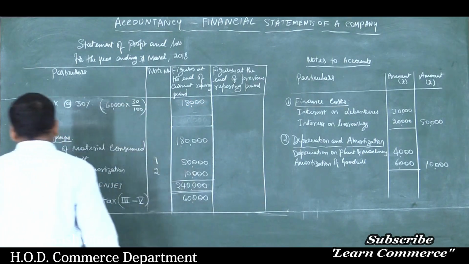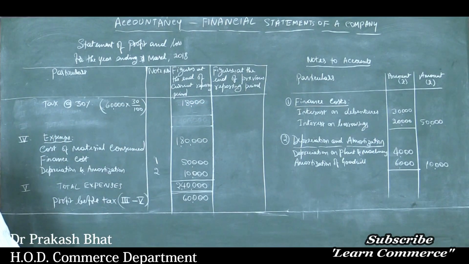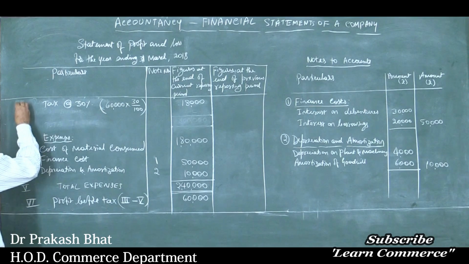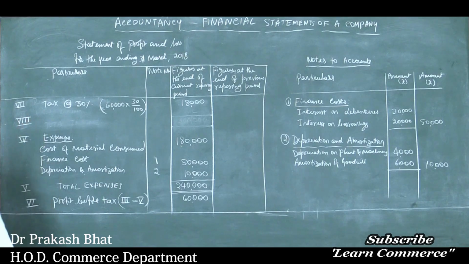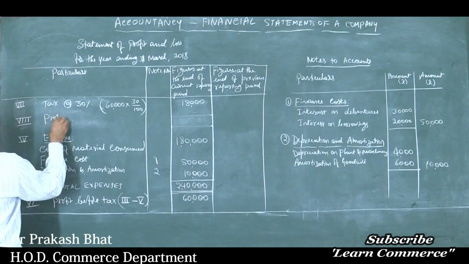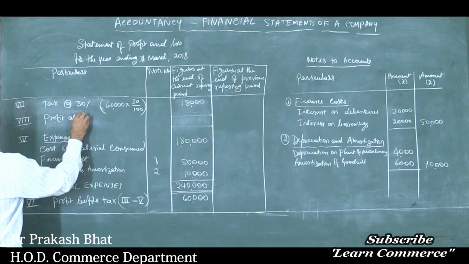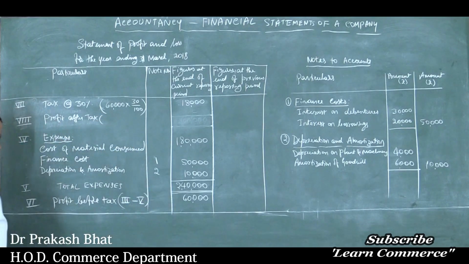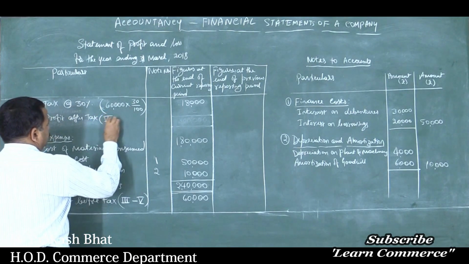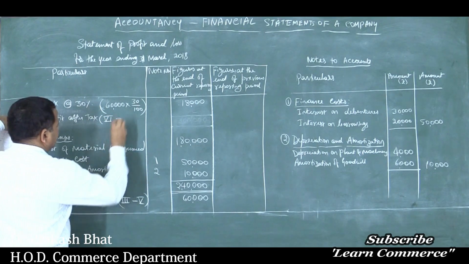Deduct now. This is 5, this is 6, this is 7, and this is 8. Therefore, profit after tax. That is profit before tax 6 minus tax 7.